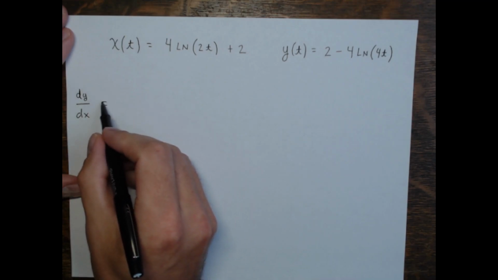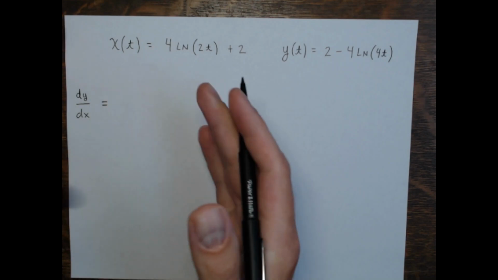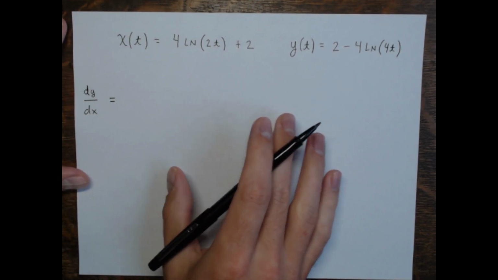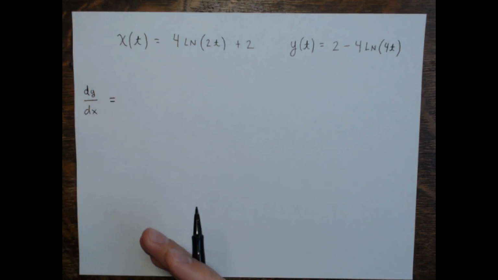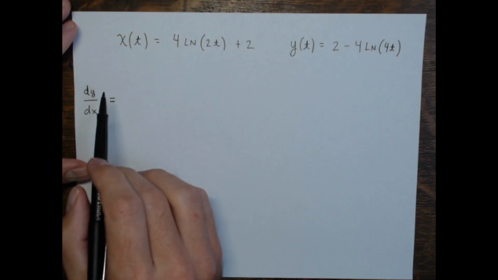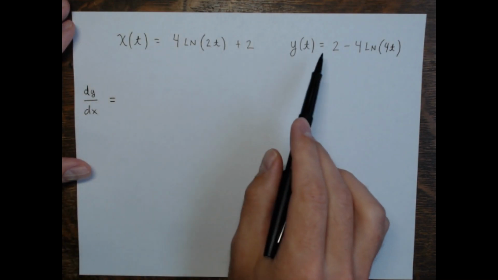Now, I've developed this before in a previous video, so I'm not going to go over it here. If you haven't seen it, that's okay. Just remember this. Use this when you're finding the derivative of a curve represented parametrically.